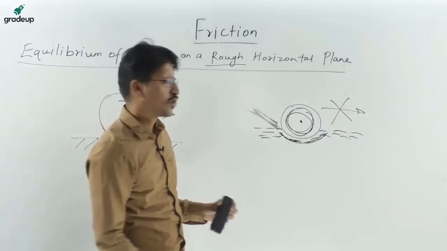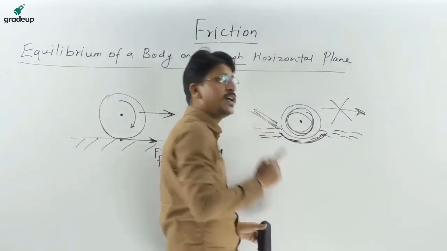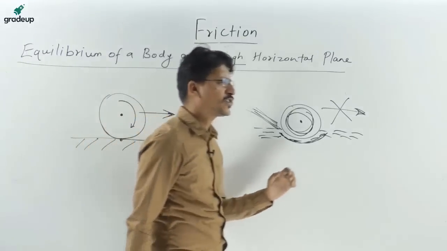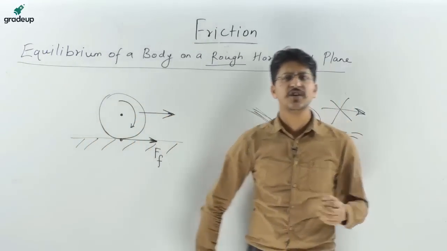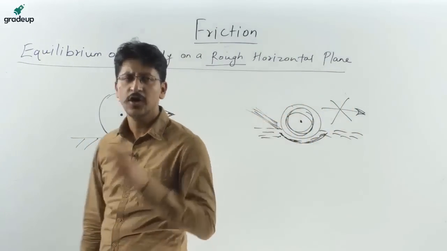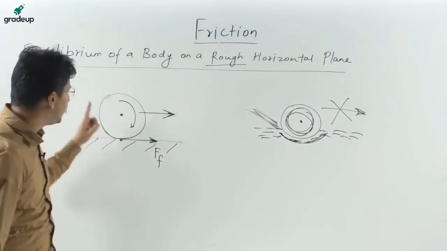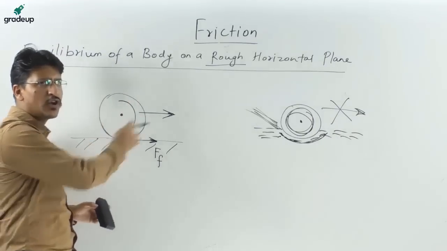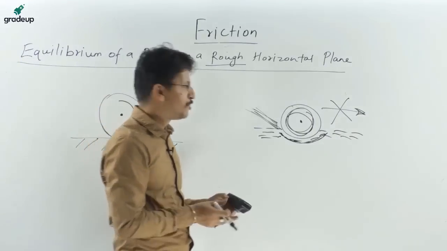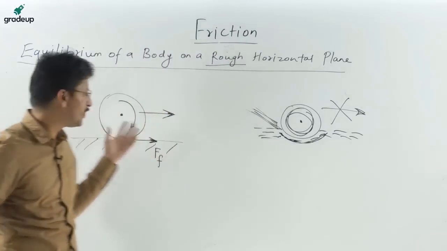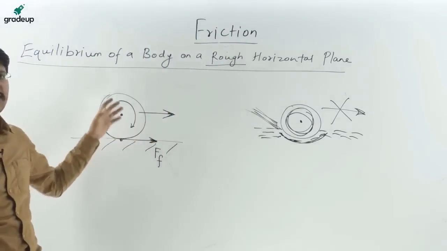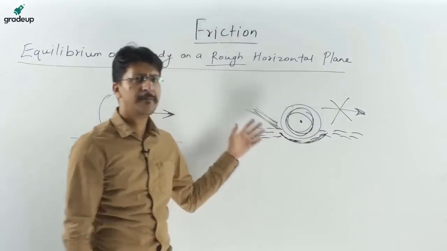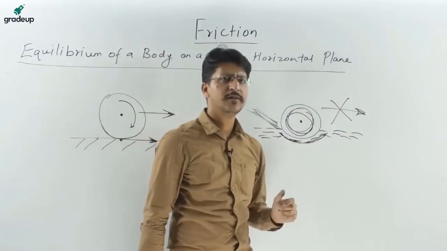Why? Because still the engine is running. If you say that the force which causes the vehicle to move in a forward direction is the force produced by the engine, or the work done by the engine, no, that is wrong. The engine does the work to produce the rotating motion of this wheel. Because if it were the engine force or the power developed by the engine, then in this case also the vehicle should have moved forward.